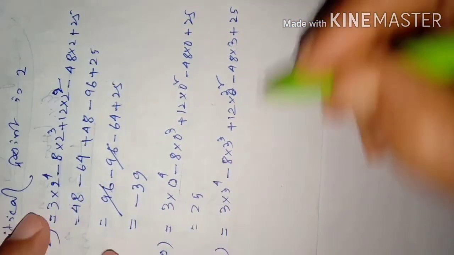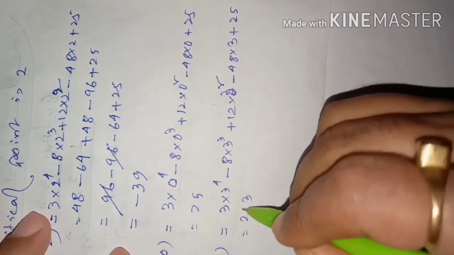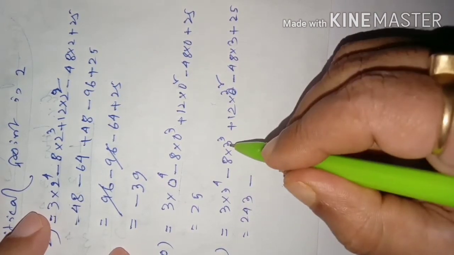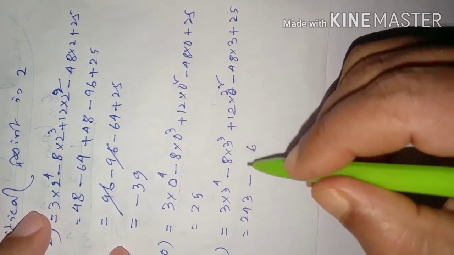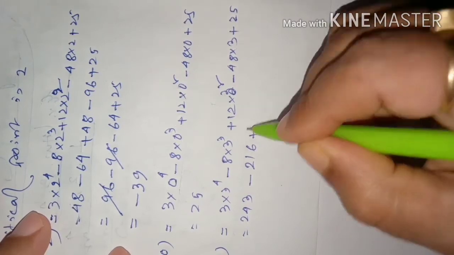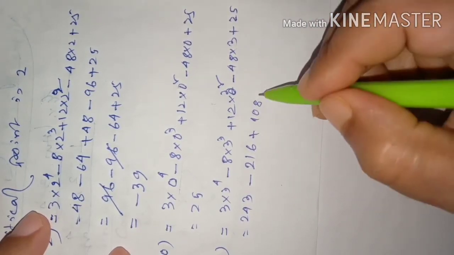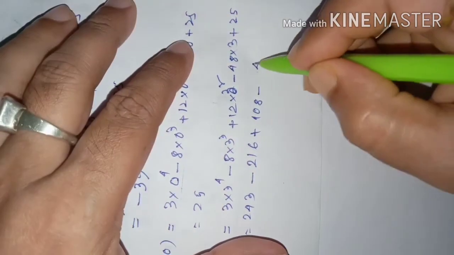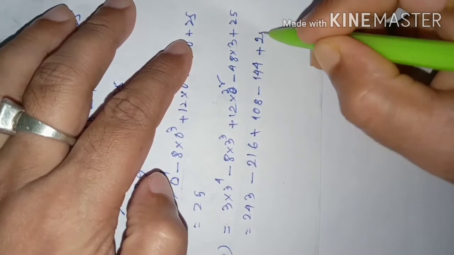So this will be 81 into 3, that is 243, minus 27 into 8, that is 216, plus 12 into 9, that is 108, then minus 48 into 3, that is 144, plus 25.